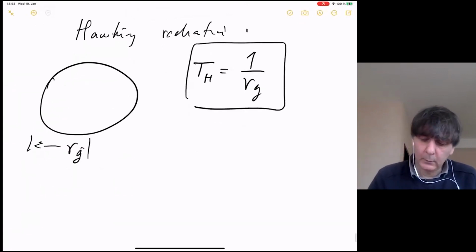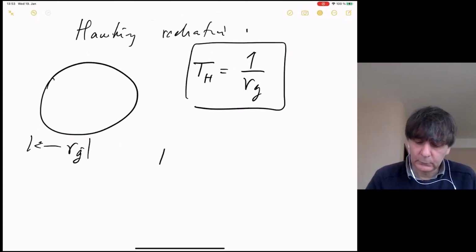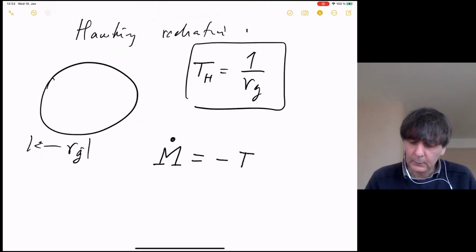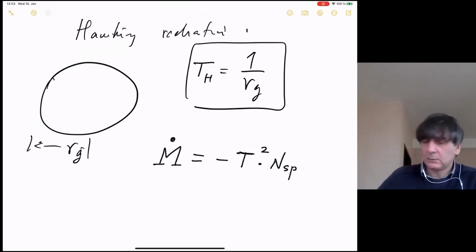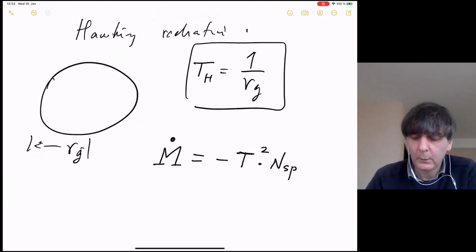So the emitted energy, the time derivative of the mass, is given by the temperature squared times the number of species, because the particle species just produce in a democratic way with equal rate.